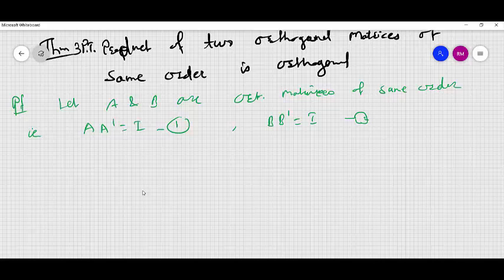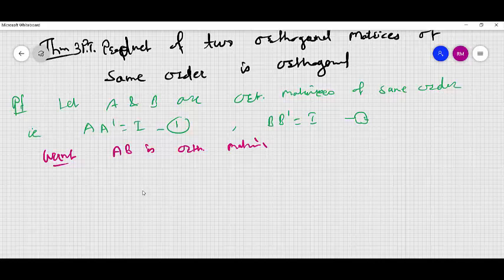That means we want AB is an orthogonal matrix.